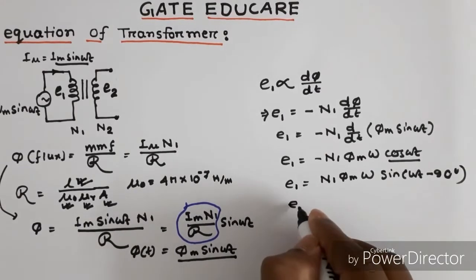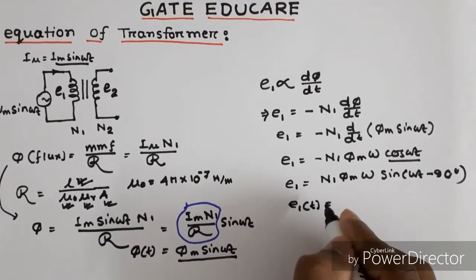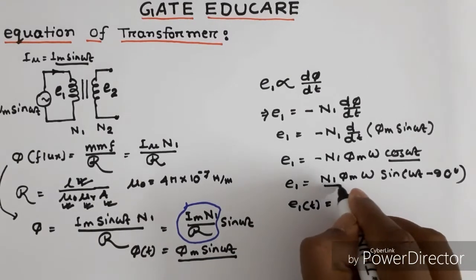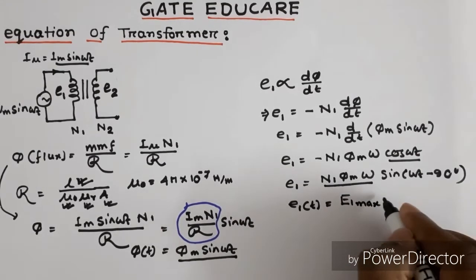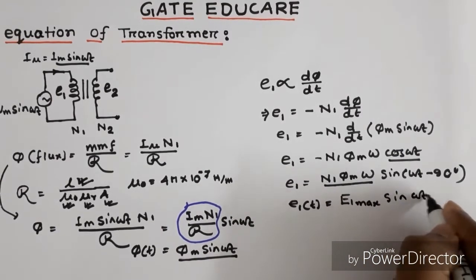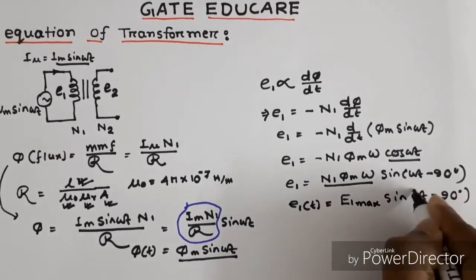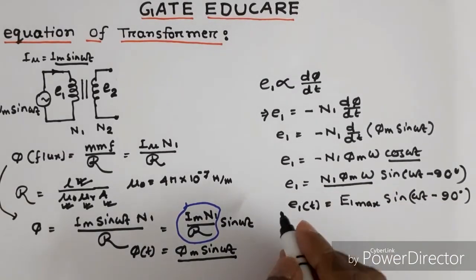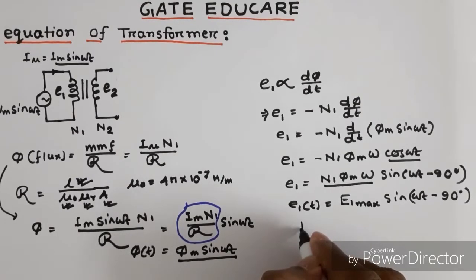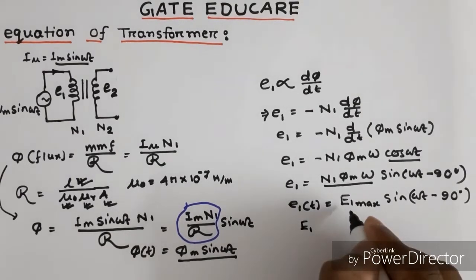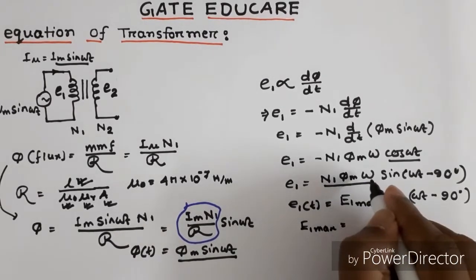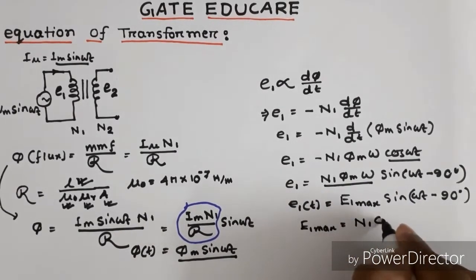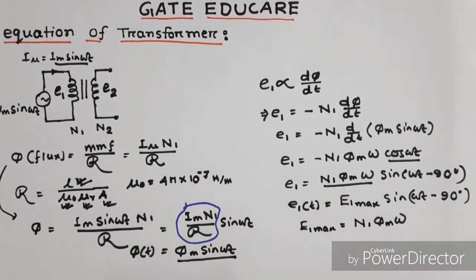It can be represented as E1 in terms of t. This term can be represented as the maximum value, E1 max sine of omega t minus 90 degree. The maximum value of induced EMF, E1 max, will be N1 phi m into omega.